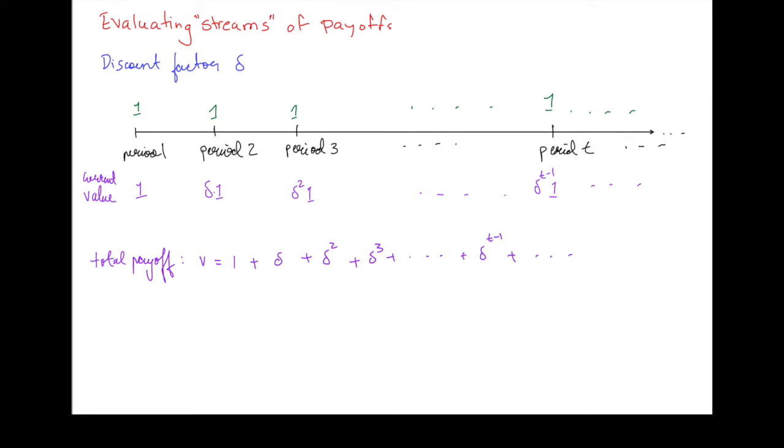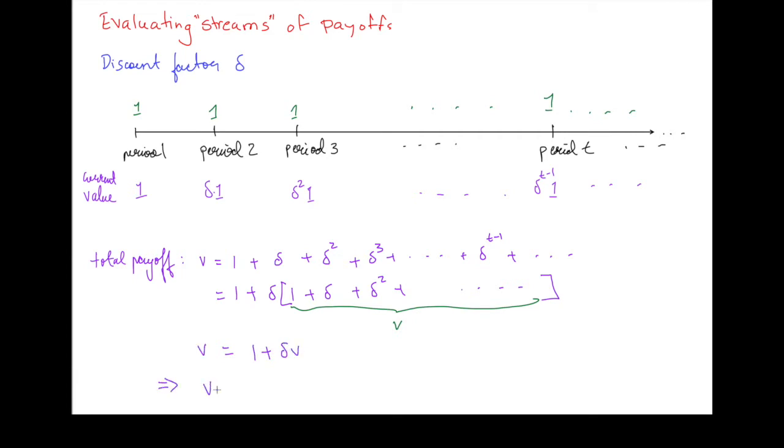So when we want to know what v is, there's a convenient way we can write v. We don't have to express it as an infinite sum. If we look at the terms except for the first term, we can write this as 1, and then we can just factor out delta from the remaining terms. We get delta times 1 plus delta plus delta squared, and so forth. Inside these brackets, you have infinitely many terms, but this thing right here is just v. So we find that v is 1 plus delta v.